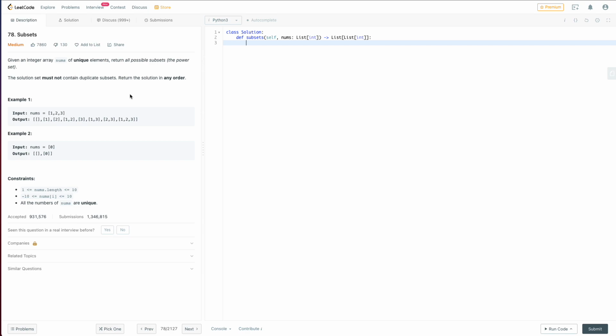Yeah, this one is quite easy. You just build a mask, for i in the range of 2 to the power of length of nums, and then you just right shift the number by whatever iteration you're in.